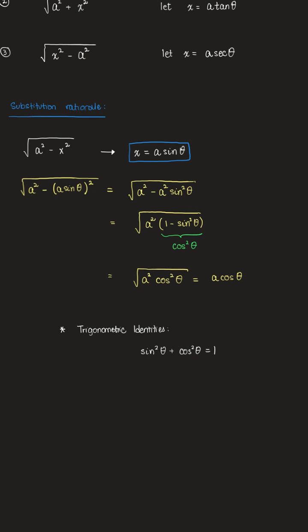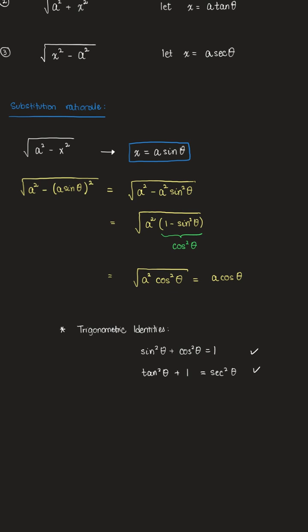And we can write that also as sine squared is 1 minus cosine squared, or cosine squared is 1 minus sine squared. And the other one is that tangent squared theta plus 1 equals secant squared theta. This will also come up in the other two substitutions that we have above.